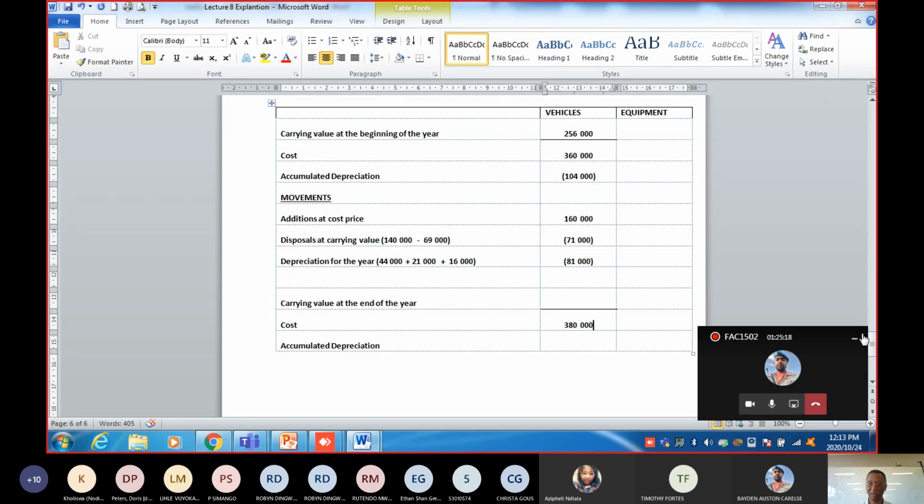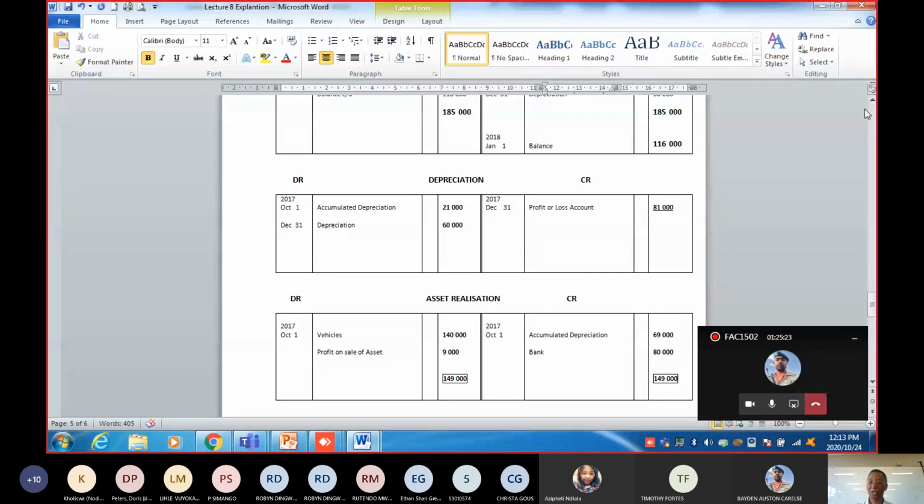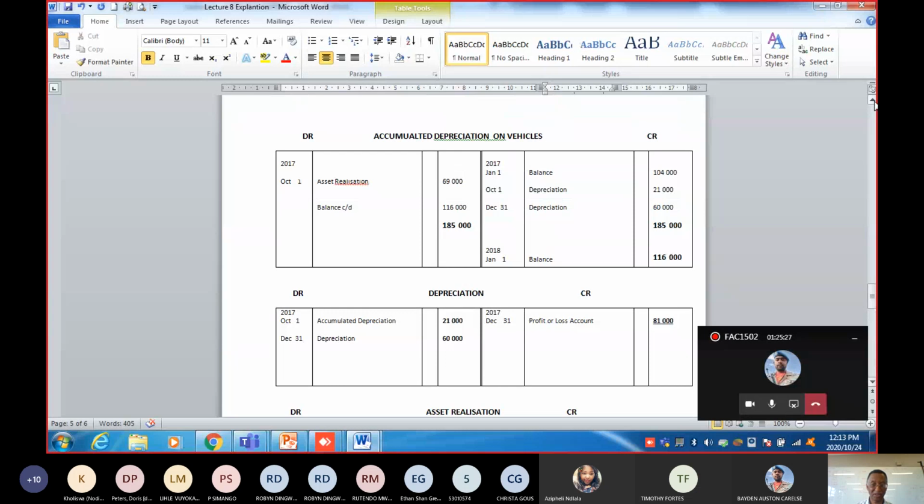Go to your ledger account for accumulated depreciation. You will recall that we started off with 104,000. We increased it first by 21,000 on the 1st of October, then by another 60,000 rand at the end of the year. The asset that we sold, we transferred, and that was 69,000 rand.